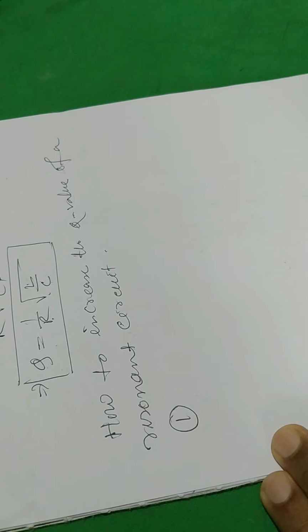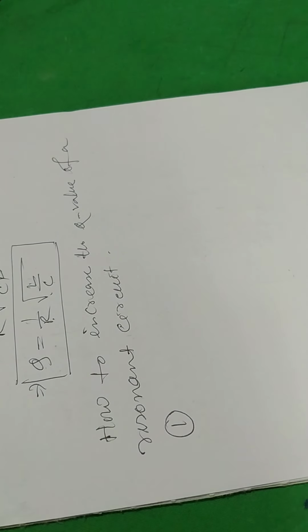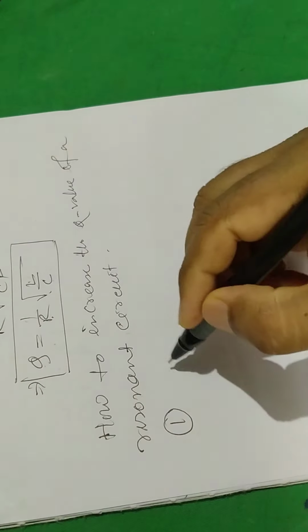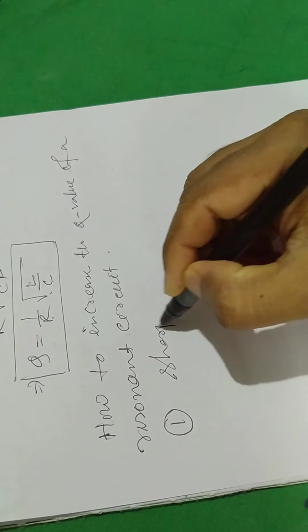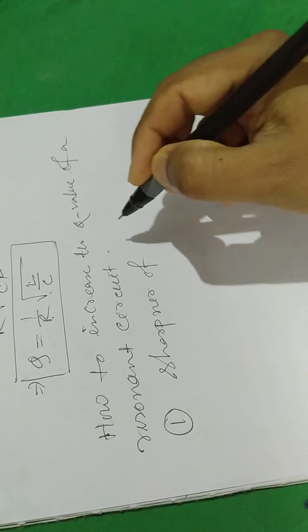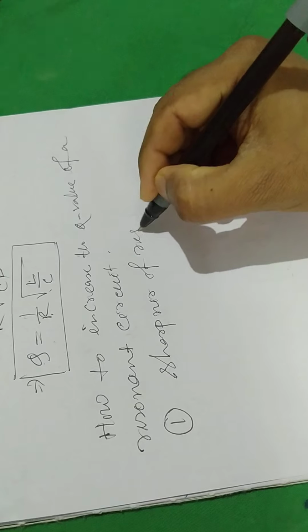Point number 1, the Q value of a resonant circuit can be increased by decreasing the value of bandwidth or sharpness of resonance.